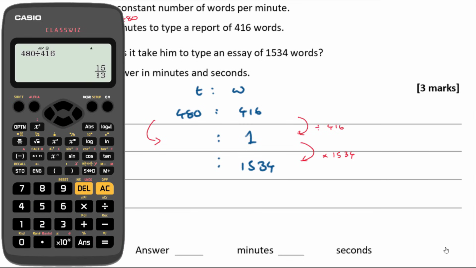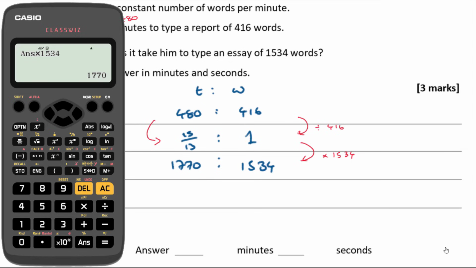I might just write it down as 15 over 13 because it'd be quicker. So 15 over 13, and then multiply that by 1,534. I get 1,770. Okay, so that means it takes 1,770 seconds in order to type that amount of words.